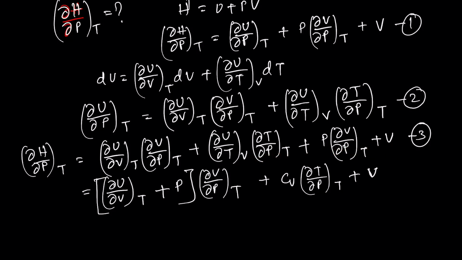Now del V by del P I have taken common, that is also fine, and del U by del V at constant T plus P, that is fine, V I have, and del U by del T at constant V is C_V, I think it is fine. Now, we have to evaluate this. It just looks big, but you see in the derivation there was no ambiguity, that is the most important thing. We can make it bigger or whatever, but there should not be any ambiguity.